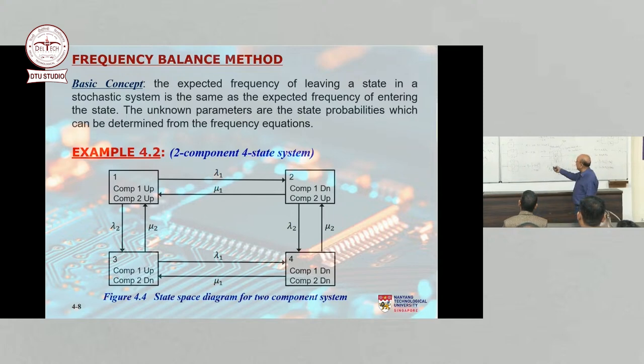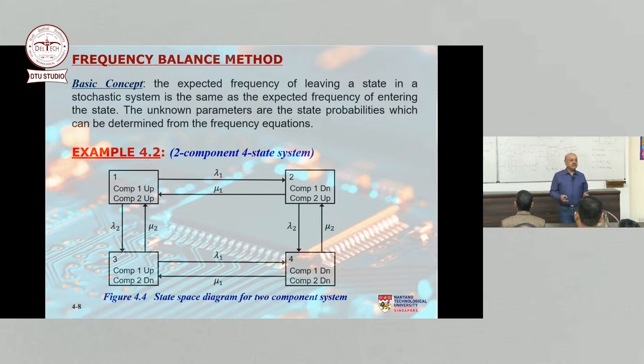Both the components are up, or one is down, or two is down, or both are down, right? So if we want to have series operation of these two components, then this is the only up state. This is a down state, correct? One component down means it's failed. Series components, remember? So this is failed, this is failed, this is failed. Yeah? So these three states are down states, and this is the only up state.